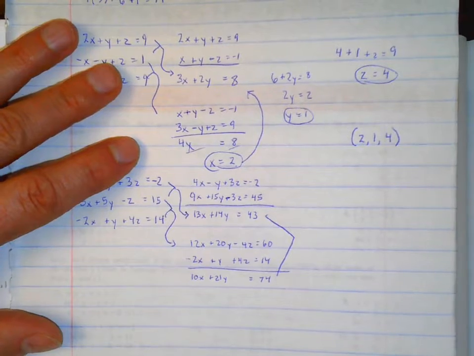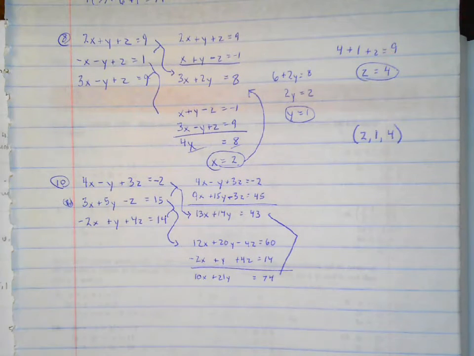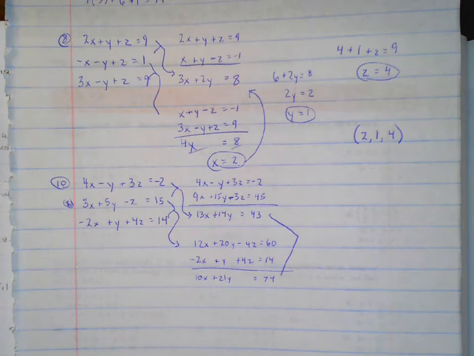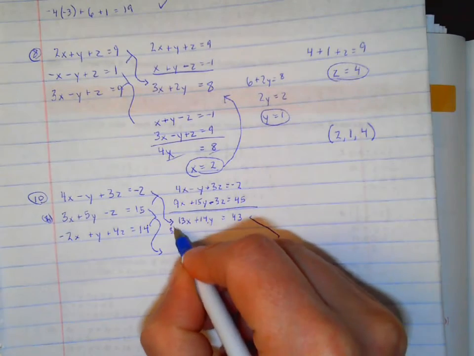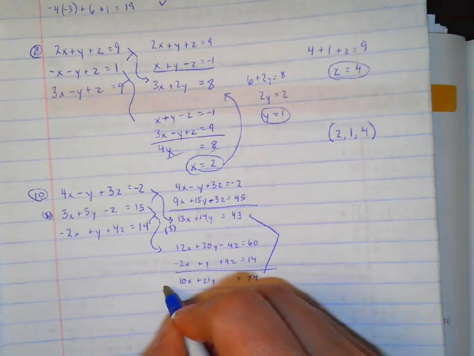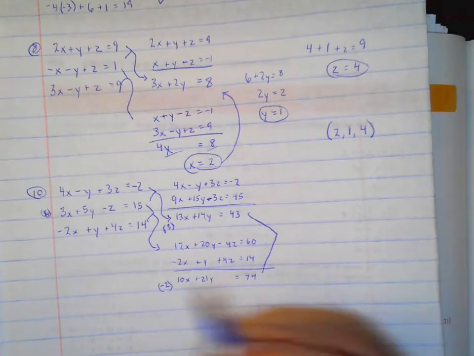Let's see, x's or y's, probably use the y's here. I can get them both to be 42 if I multiply 14 by 3, and then this by 2, so I'll use -2 here.